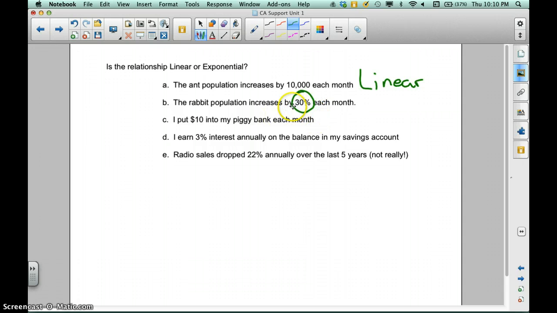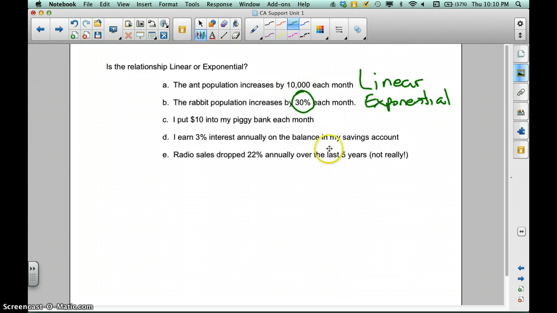If the rabbit population is increasing, we're taking 30% of some number one month, and then we're taking 30% of a bigger number the next month, and an even bigger number the month after that. So our change is going to be a different number every time, and that makes this exponential. And so notice the rate of change here is a percent, not just a plain number.